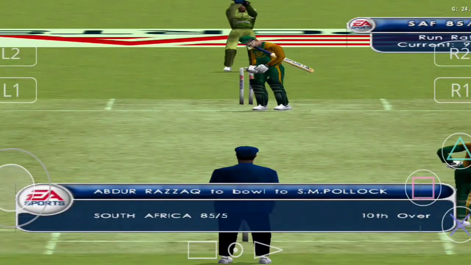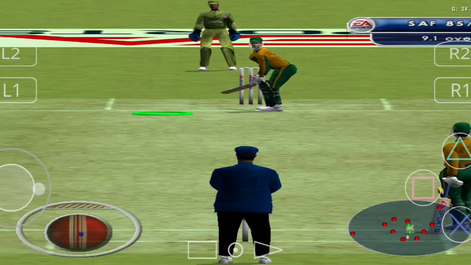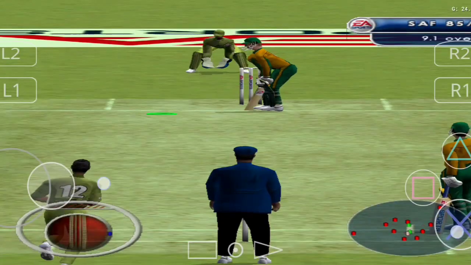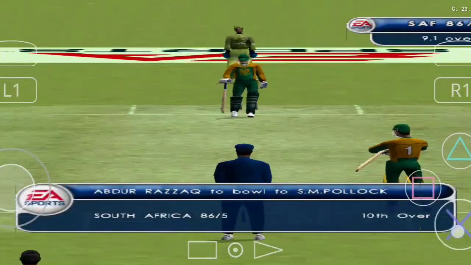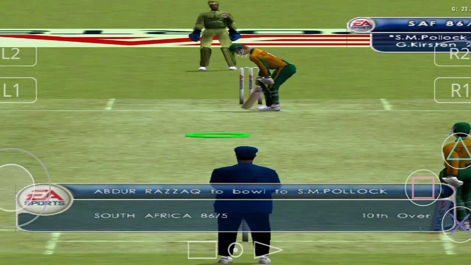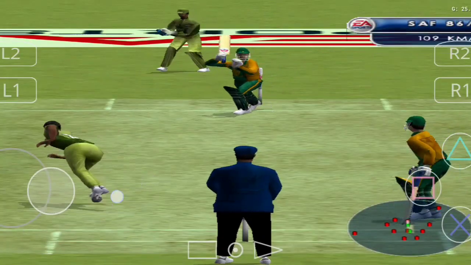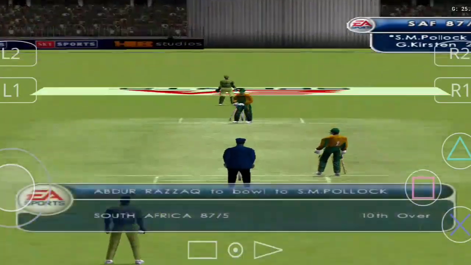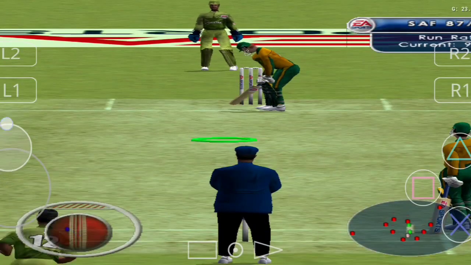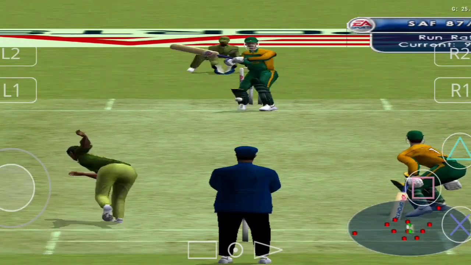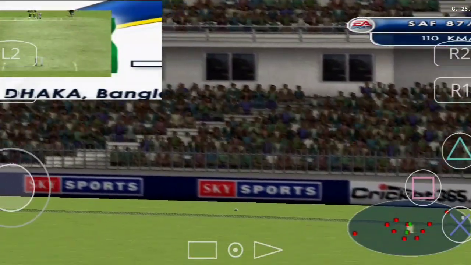There might be a little bit more in the next one. Over the top and away for 4. That takes him into double figures.